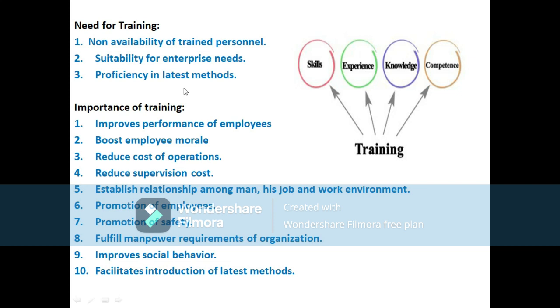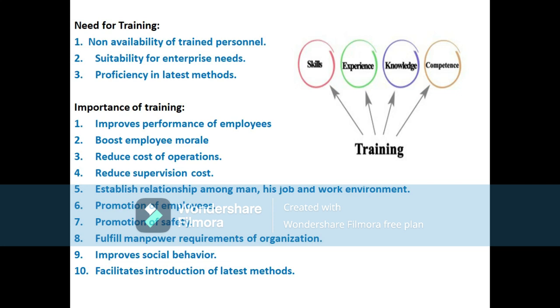Now, the third one is proficiency in latest methods. According to the changes, the rapid scientific and technological developments made it necessary to provide continuous training facilities in the organization itself.